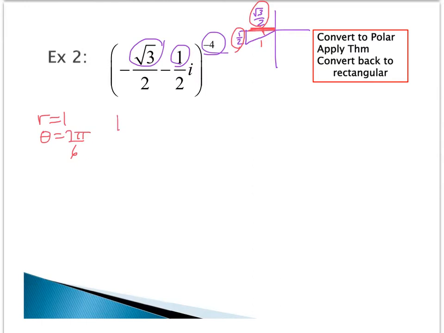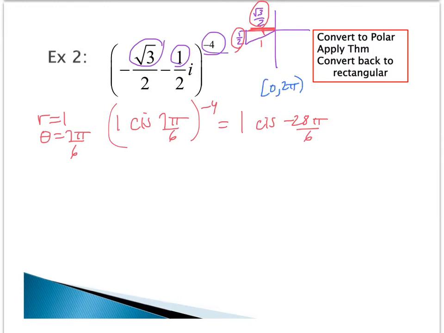If we put this in r cis theta form, we can now go ahead and apply DeMoivre's theorem. Now when I raise 1 to any power, it's always going to equal 1. So this will just equal 1 cis negative 28 pi over 6. And if you recall, we talked the other day that we always want our angle theta to be in 0 to 2 pi.